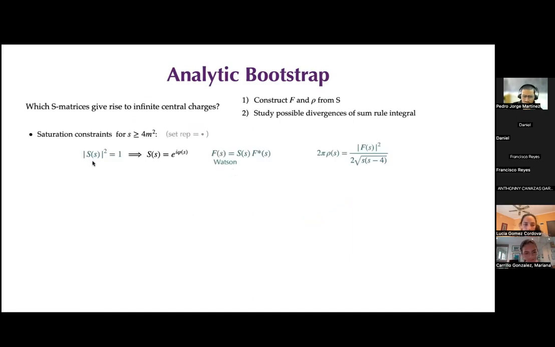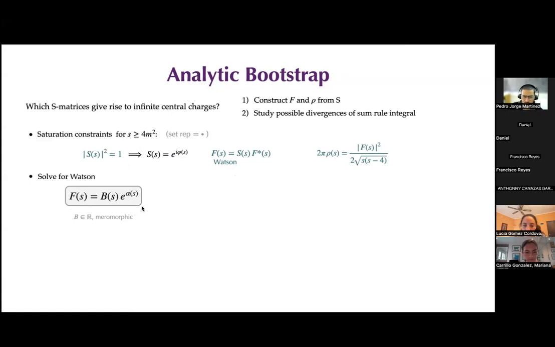So if your constraints are saturated, you can write the S matrix as a phase for physical values of the energy. Then you have this Watson's equation, and rho is given by F squared. So the idea is to write the form factor as the product of two parts.